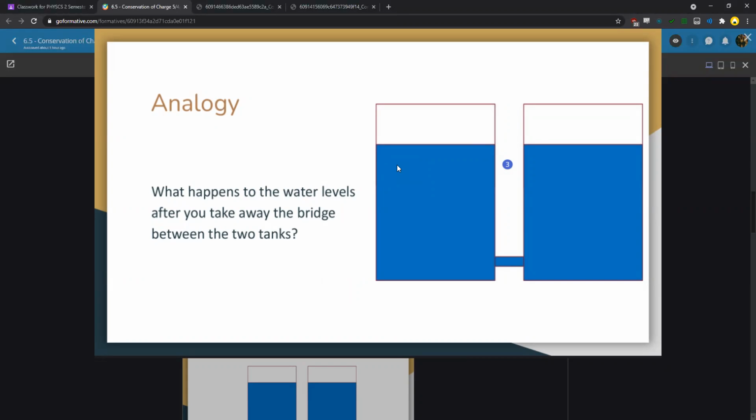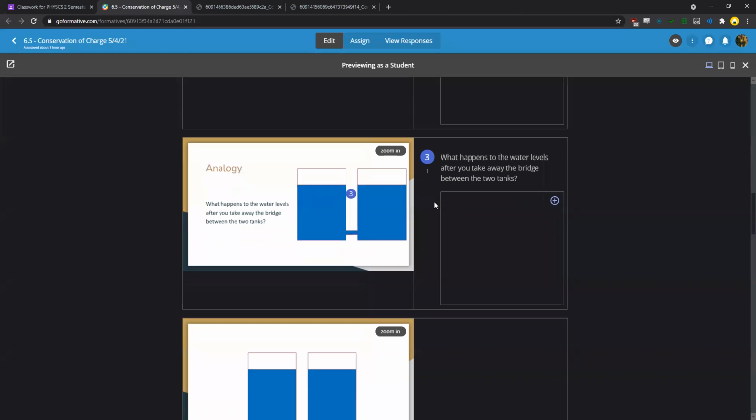You know that's what's going to happen. And what's going to happen to the water levels after you take away the bridge? Let's say you remove this bridge now. What happens? The water levels will be equal. And that's number 3.